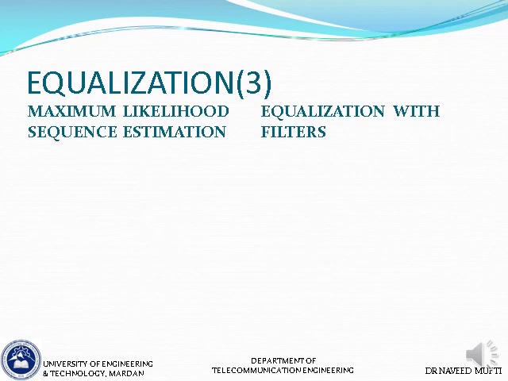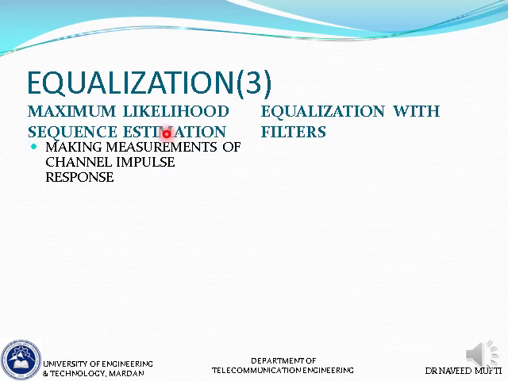So equalization is partitioned into two broad categories. The first category is called maximum likelihood sequence estimation, and the second category is equalization with filters. That's what we are more familiar with. In MLSE, experiments or arrangements are made to measure the channel's impulse response.